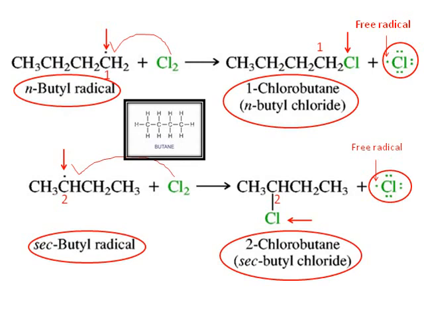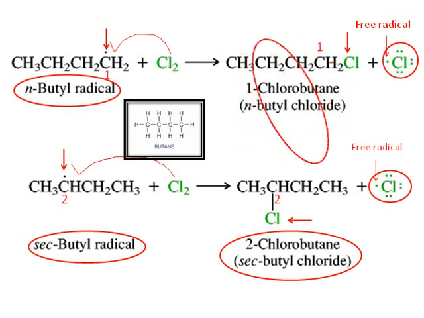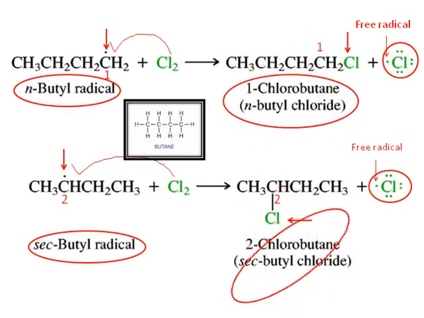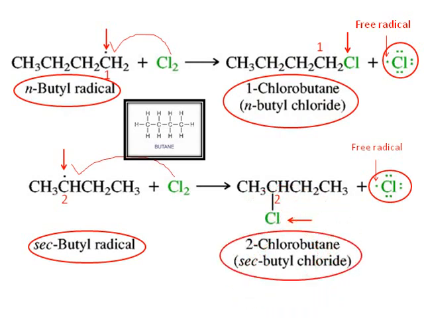So thus at the termination step from butane we get 1-chlorobutane and 2-chlorobutane, that is, a mixture of alkyl halides is produced when alkane is halogenated with free radical mechanism.